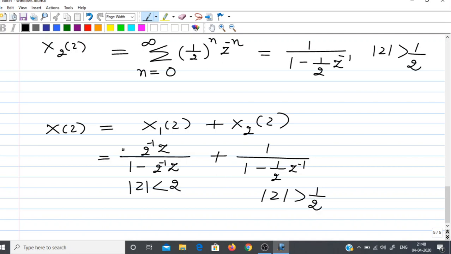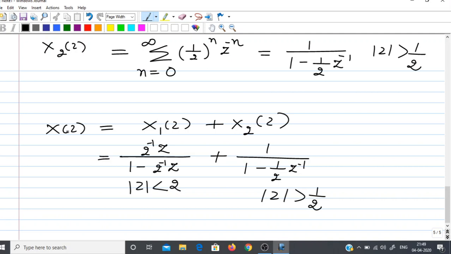Naturally, this series x(z) will converge when both the series converge simultaneously. If x1 converges and x2 doesn't, then x(z) will not converge. Similarly, if x2 converges and x1 doesn't, then also x(z) will not converge.